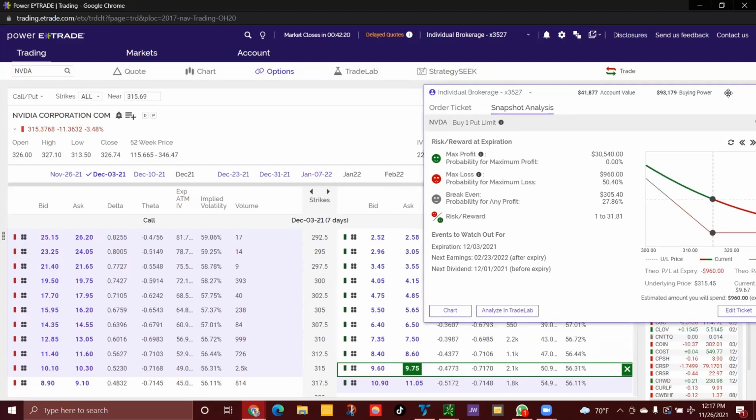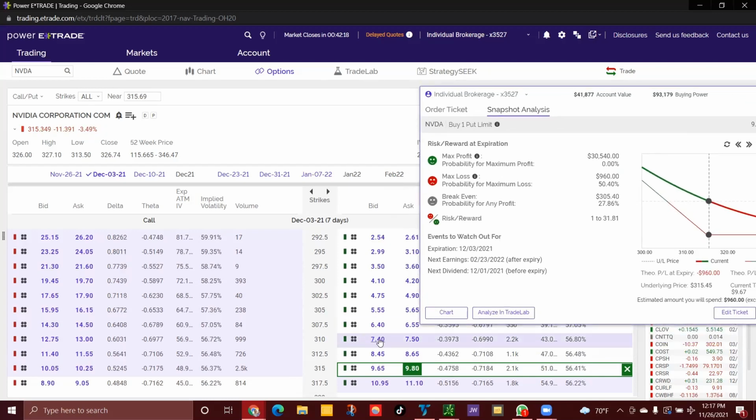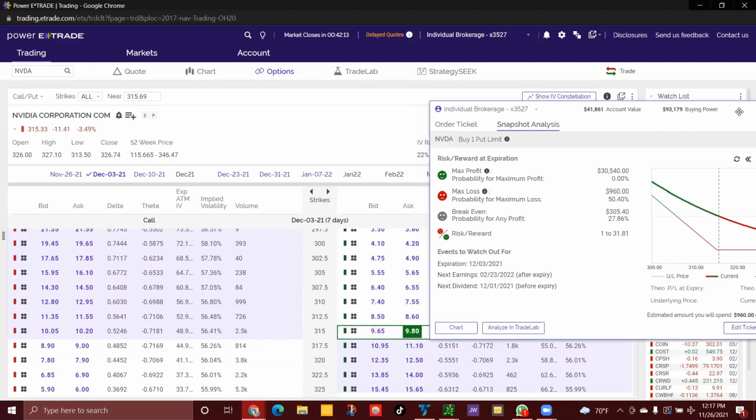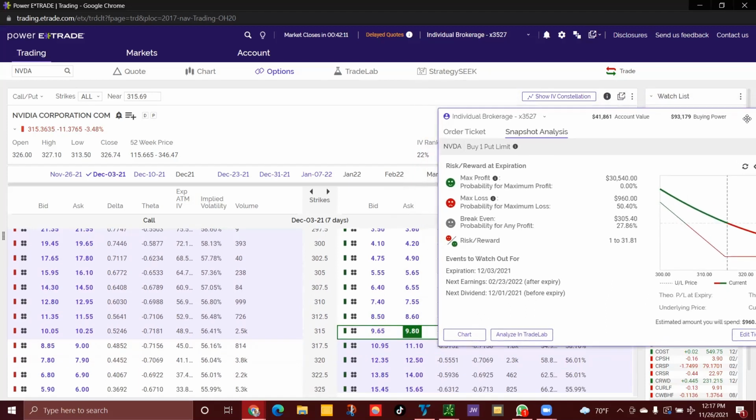Interesting. It says it doesn't think it would be at 305 though. Let me see. Probability at 305. Yeah, it says down there there's a 28% chance as of right now that you'll get your break even at 305.